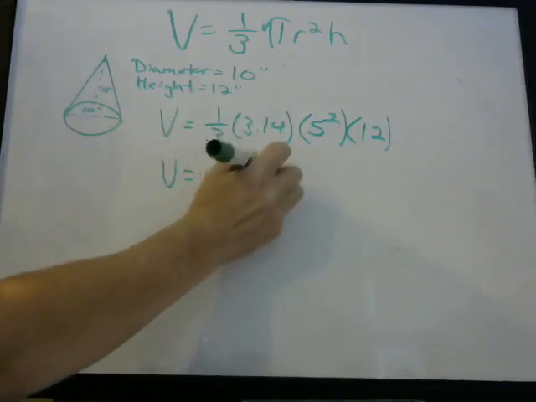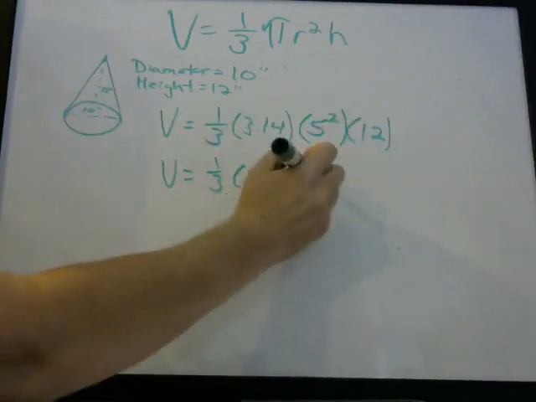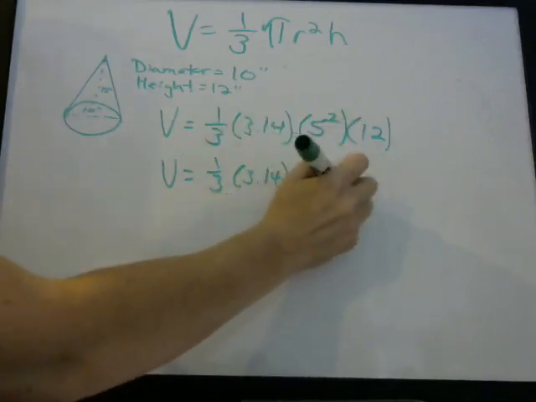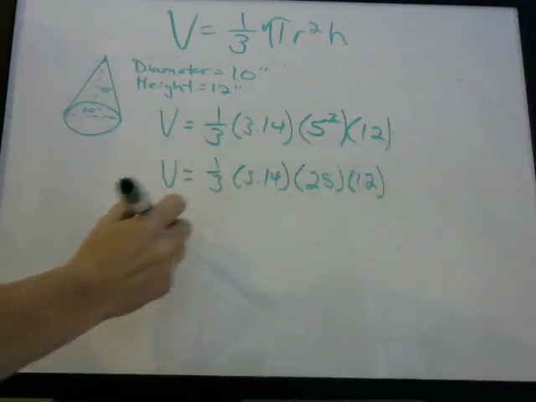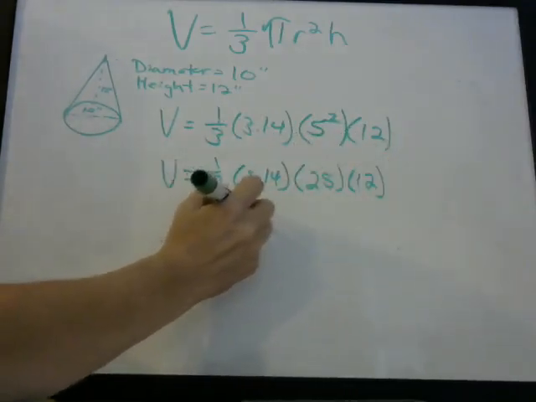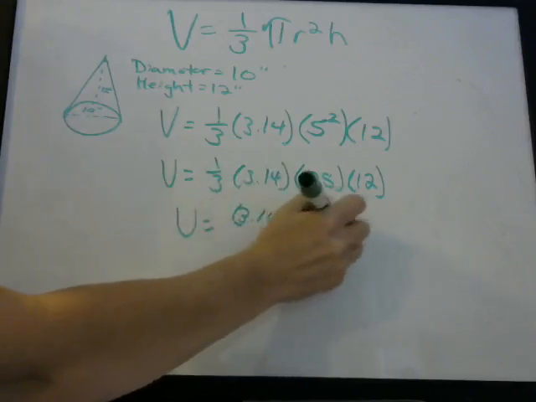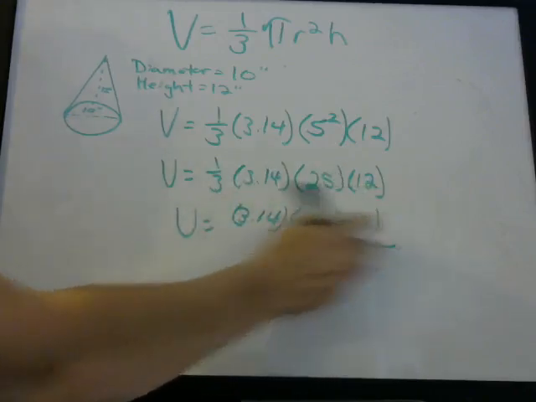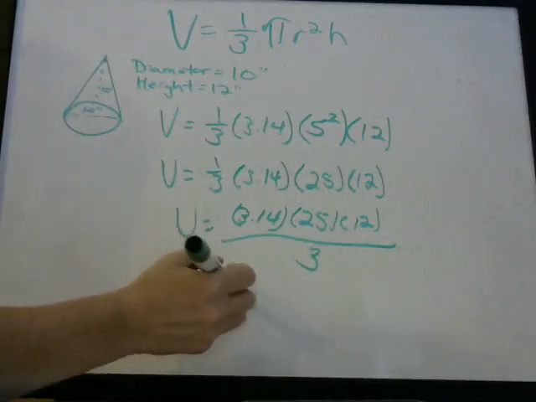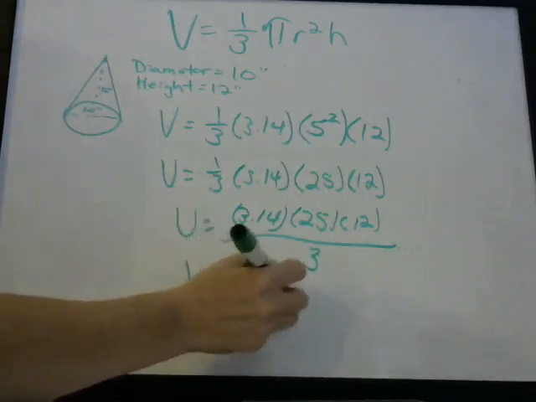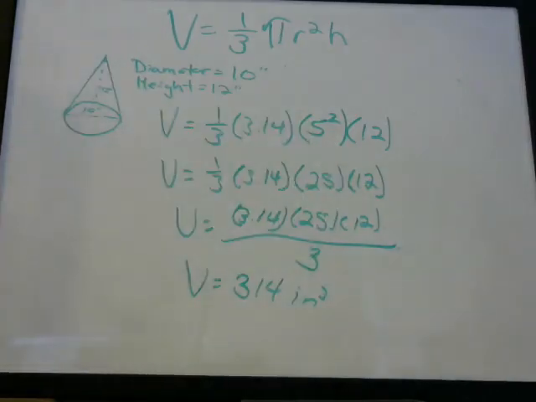Remember, we have to do 5 squared first, which is 5 times 5 is 25, not 5 times 2, times 12. You can plug this into your calculator. And you're going to get 314 inches cubed.